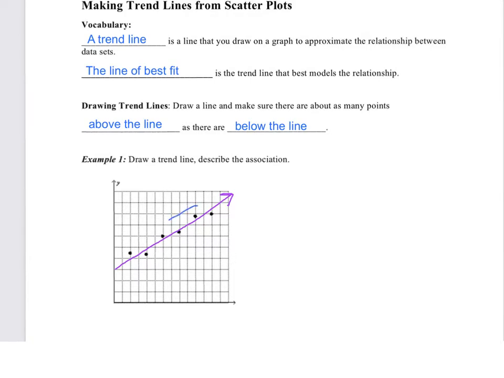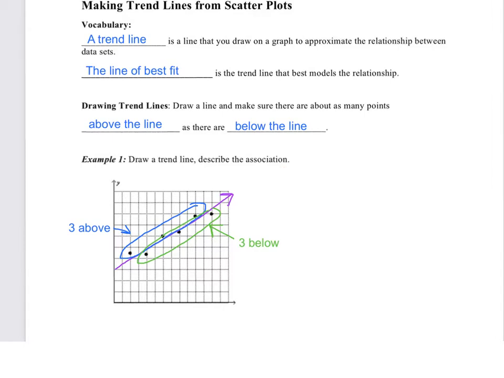So we have 3 coordinates above the trend line, and then we have 3 coordinates below the trend line. When you're drawing your trend line, you're basically approximating where the line goes in between your coordinates.